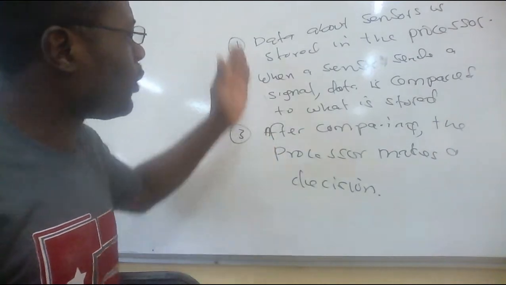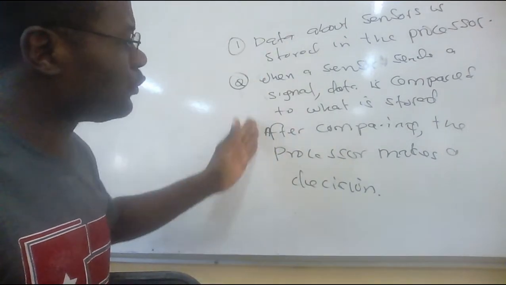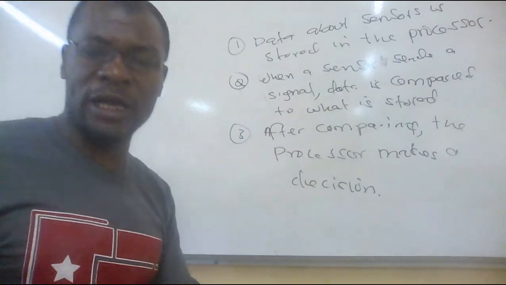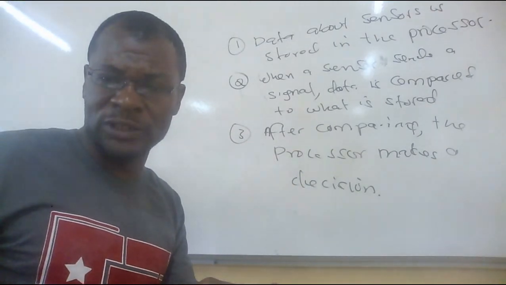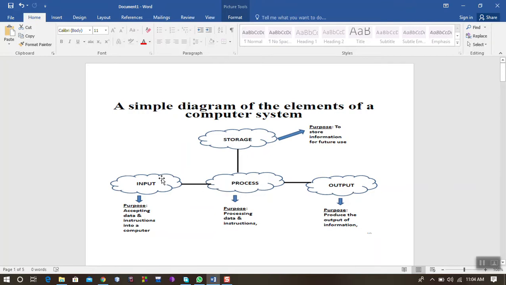So, what are all these we're talking about? In order to fully understand, I have prepared a few things for you to look at. For instance, this is what you wrote: there are inputs, storage, processing, output. On the input part, that is where the sensors are supposed to be.